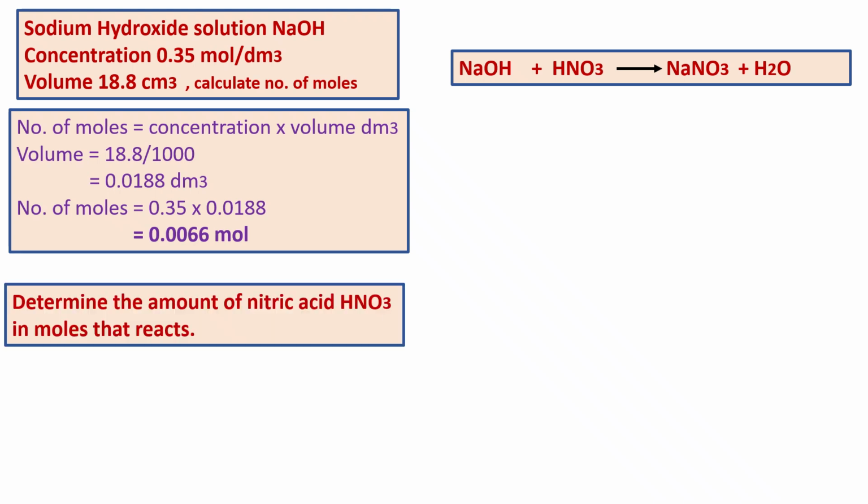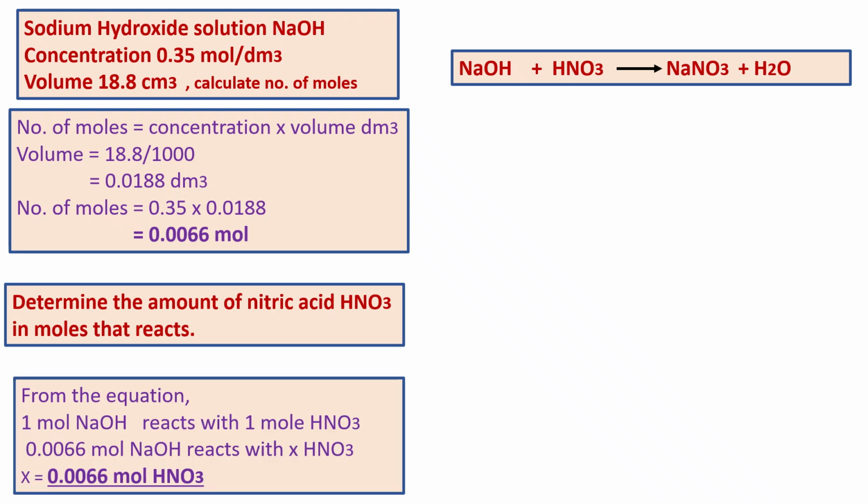Now, what is the next calculation? They are asking us to find the amount of nitric acid in mole that reacts. From the equation, you have that 1 mole sodium hydroxide reacts with 1 mole nitric acid. Therefore, we have calculated the number of moles here. That's what we put.